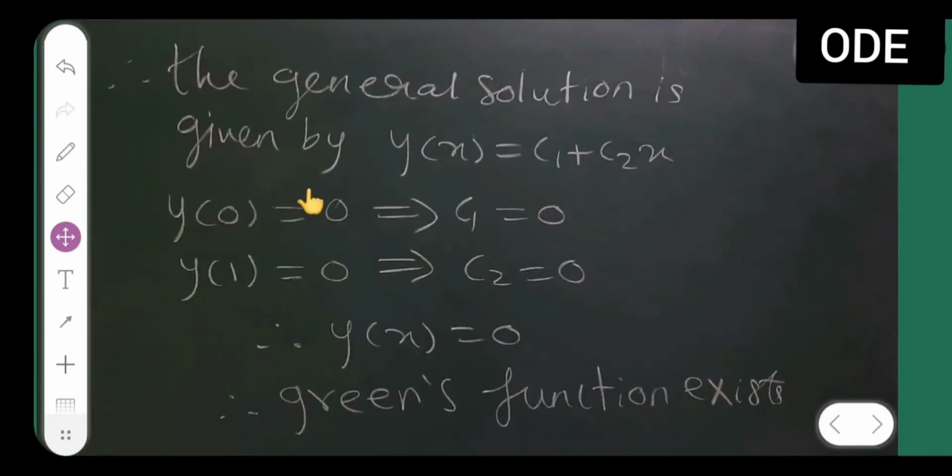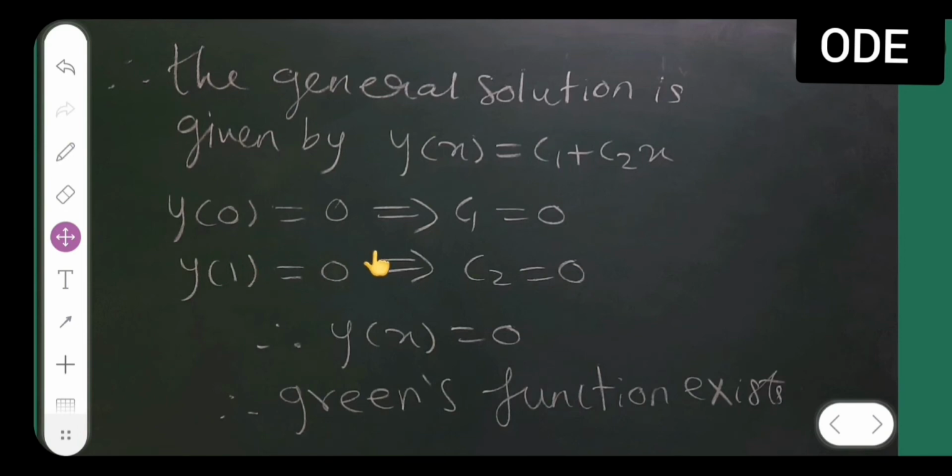Therefore the general solution is given by y of x is equal to c1 plus c2 of x, where now we will be using the boundary conditions to find whether the solution is trivial. And if it is trivial, then we can say the Green's function exists, right? Now let us take the boundary conditions.